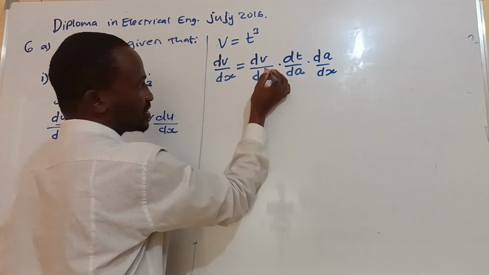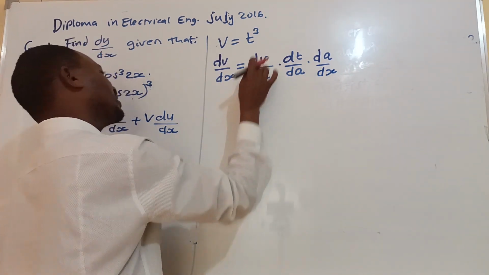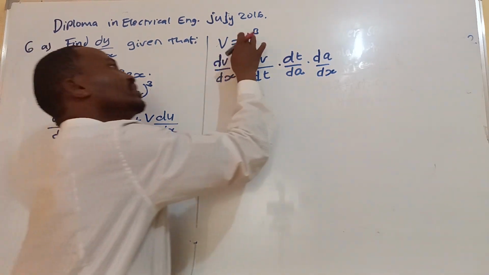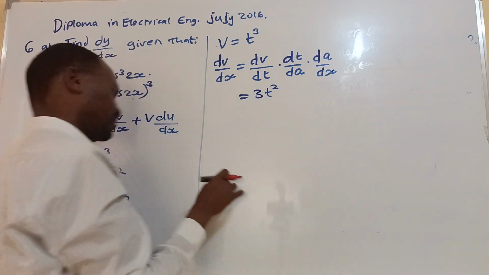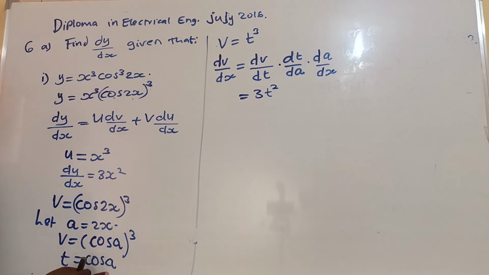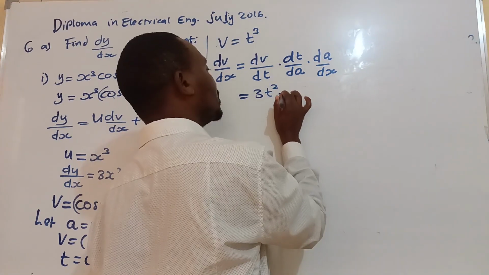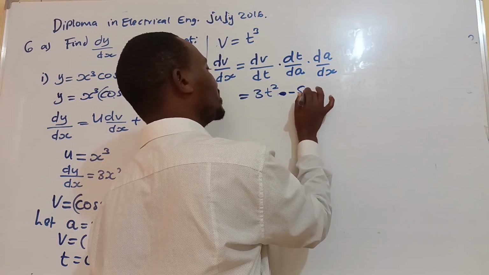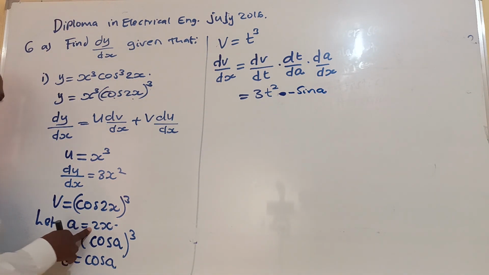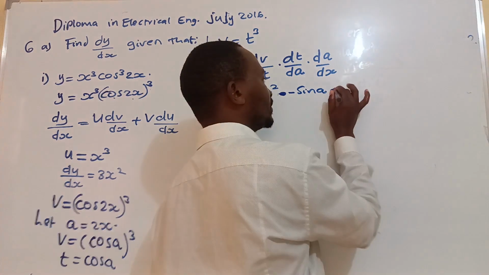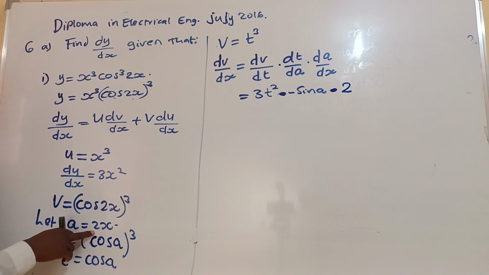So now you can see that if you cancel dt and da, you get dv/dx. Now what is dv/dt? We differentiate this one, we get 3t squared. dt/da, we get negative sin a. If you differentiate a, we get 2. da/dx is equal to 2.